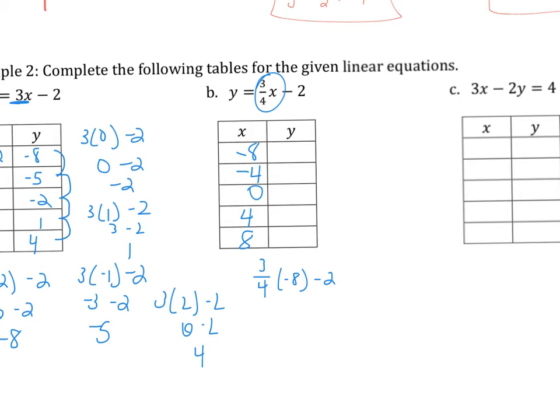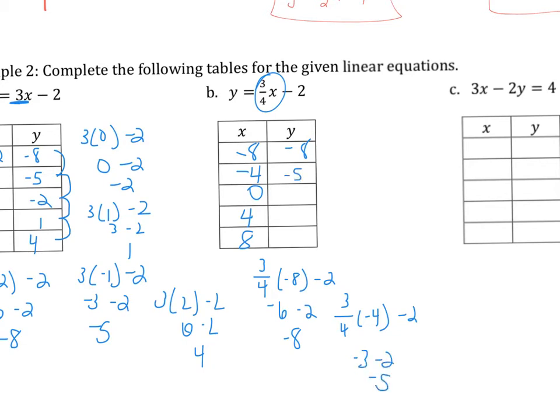The way that we set these up and the numbers that we chose, we should get integer answers here. 3/4 times negative 8 is negative 6. Minus 2 would be negative 8. Plug in negative 4. 3/4 times negative 4 is negative 3. Minus 2 is negative 5.